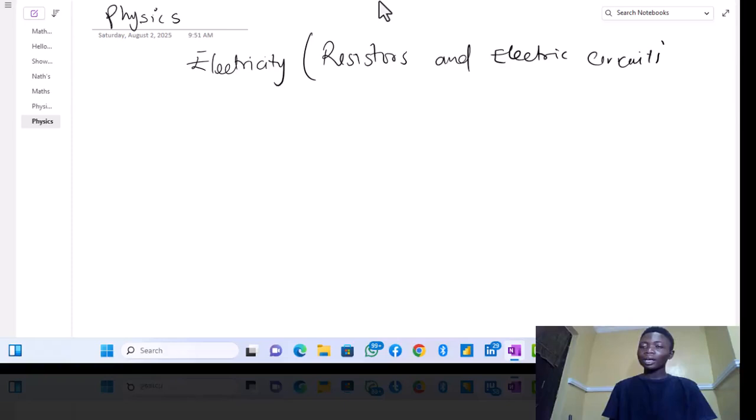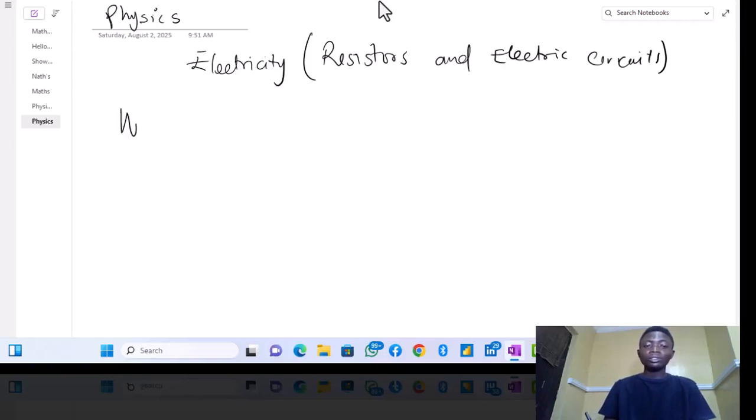But I won't spend much time on electric circuits. The major focus of this demo class is just resistors, just to show how we can arrange and calculate resistors. But before we go ahead to the calculations, I'm going to talk about the definition.